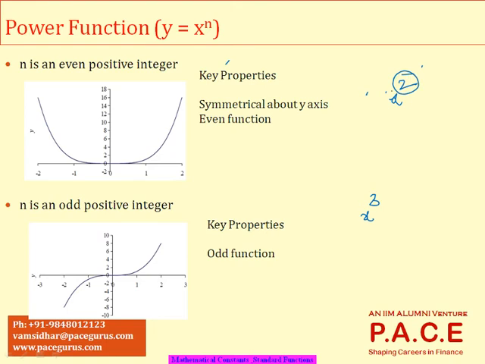If the power is even, we have one kind of a shape which is more like this, because with even powers, the values can never be negative. The values are only positive. So you will find all the values above the x-axis only, no value below the x-axis, especially for even powers.